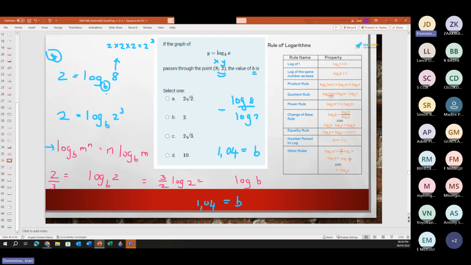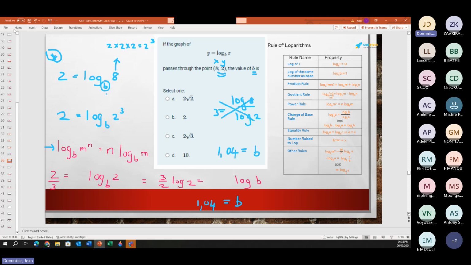So it might have been that if that is 8, that's 2, that would have been 3. So it is probably with this combination of 8, 2, and 3 that somewhere it changed and the answers didn't change as well.